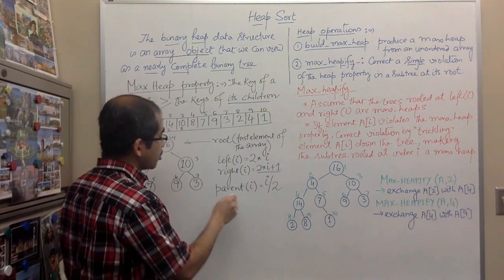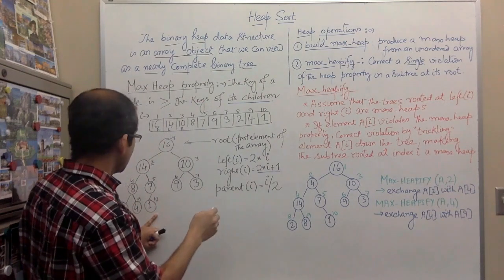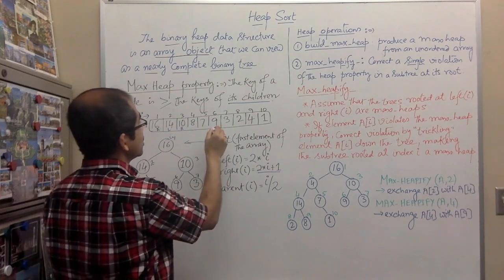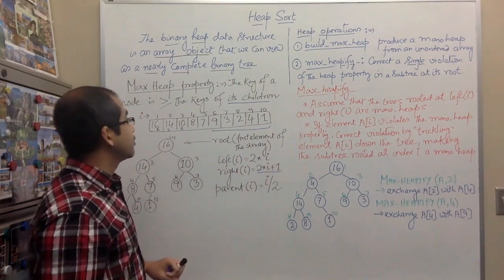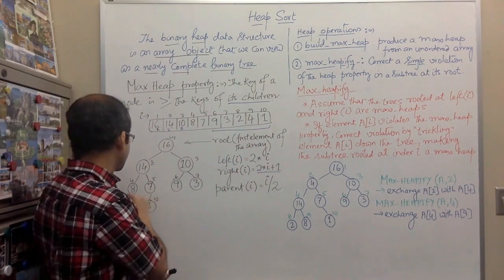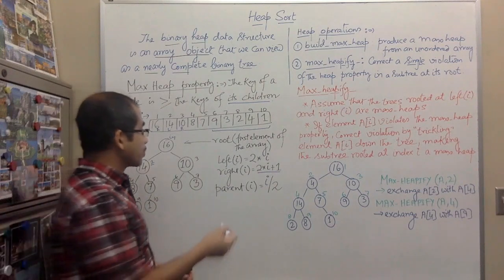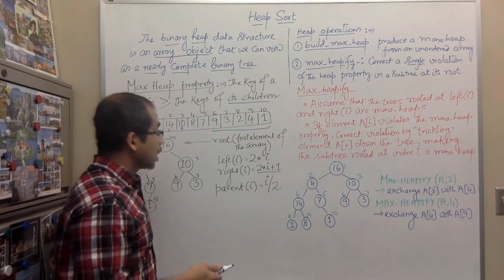Okay, so you can see one thing here: these elements 6, 7, 8, 9, 10, half of the array, are actually at the leaf level. So these are all leaf nodes. Now if you try to find the parent of a node, then we just go i divided by 2.